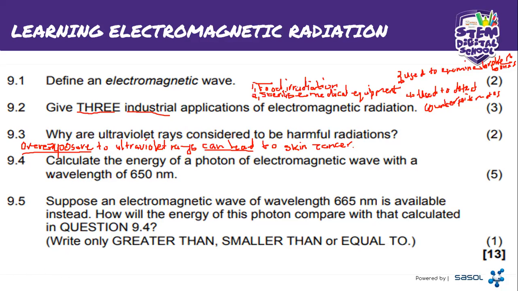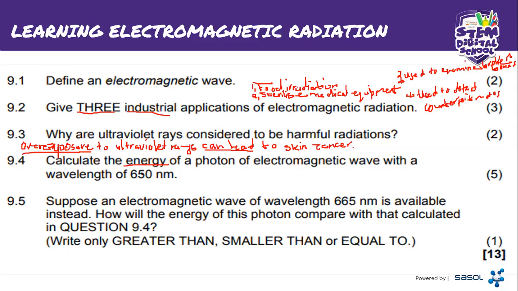Then in 9.4, we are required to calculate the energy of a photon of electromagnetic wave with a wavelength of 650 nanometers. So firstly, my dear learners, remember we want to calculate the energy.